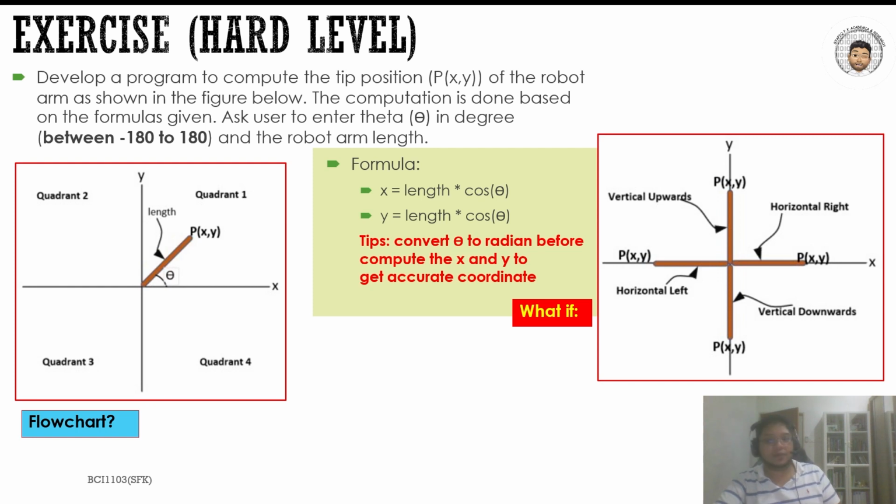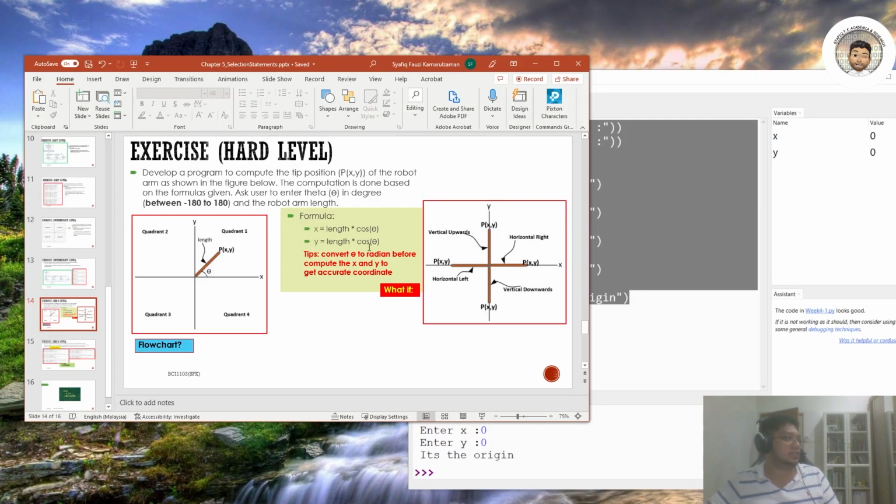Develop a program to compute the tip position P(x, y) of the robot arm as shown in the figure below. The computation is done based on the formulas given. Here x equals length times cos theta, and y equals length times sine theta. Yes, this was wrong; it is supposed to be sine theta.